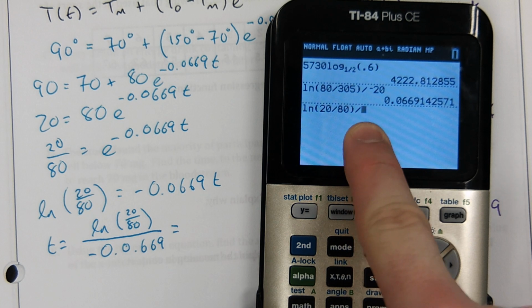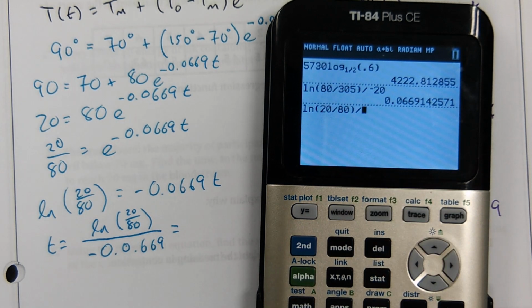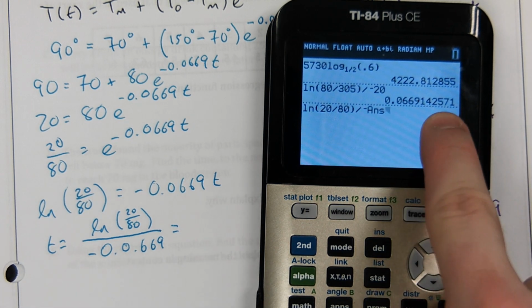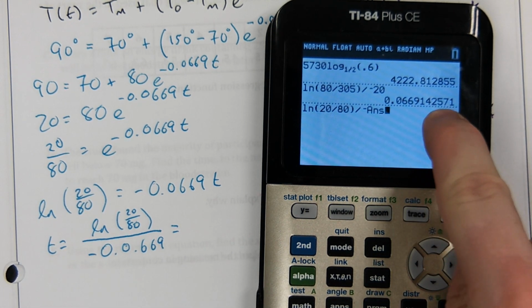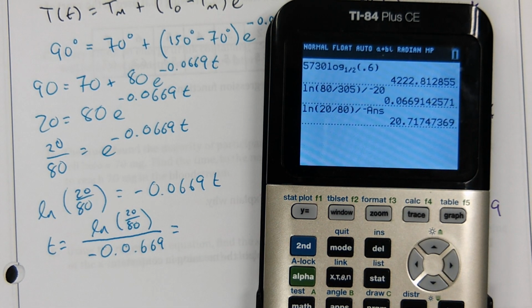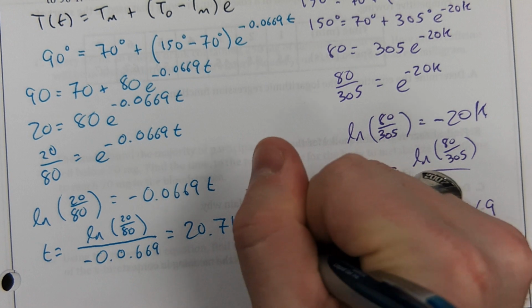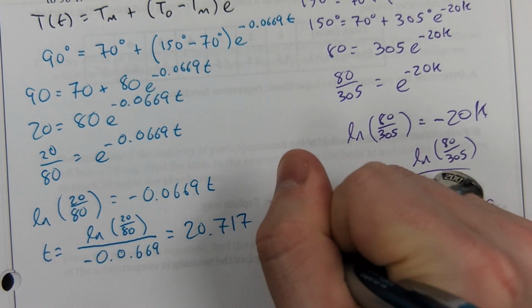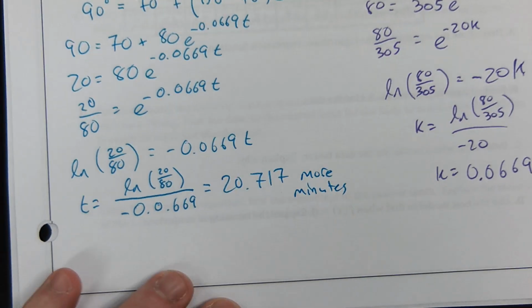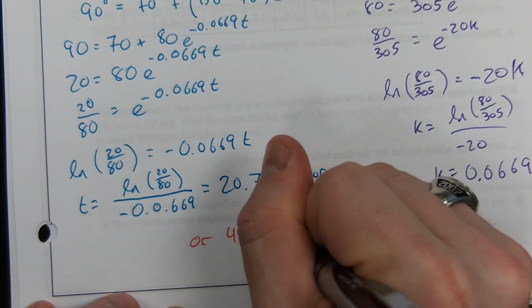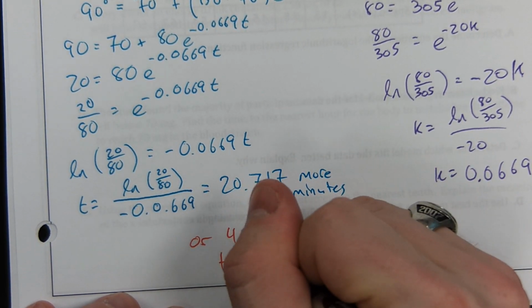Because we have a graphing calculator, I'm just going to do negative second answer. There. So it didn't round it at all. It took an exact answer for me. 20.717 more minutes. Or 40.717 total minutes.